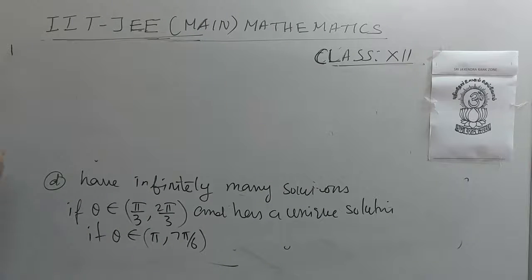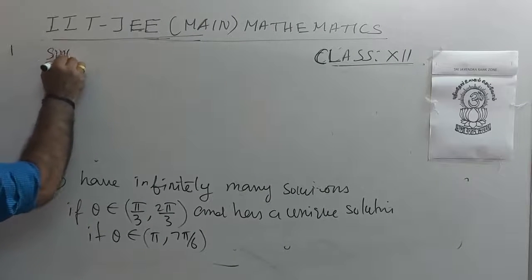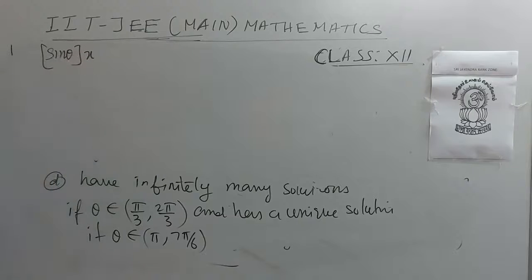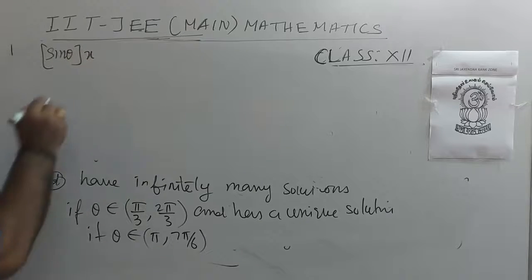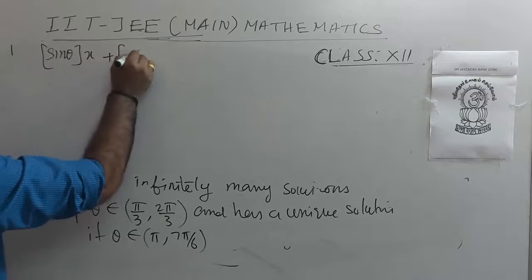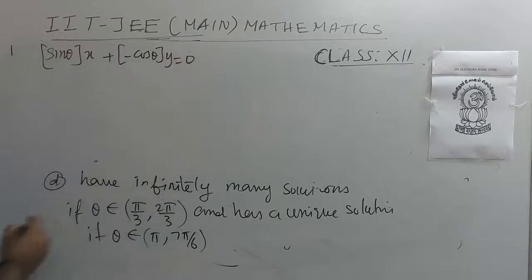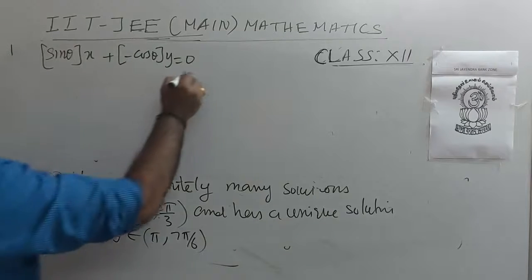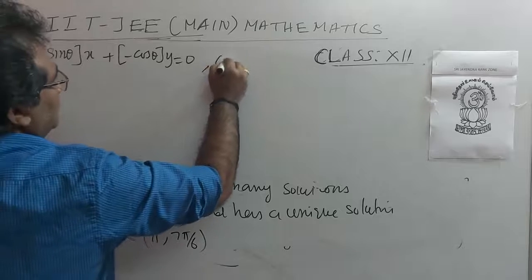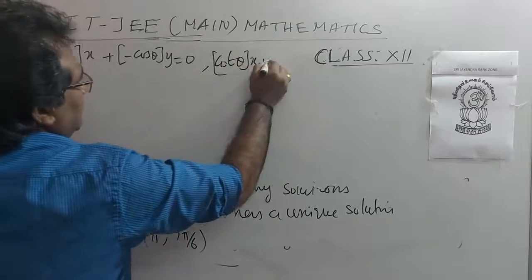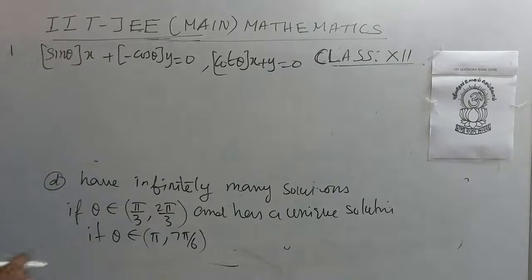So the given equations are [sin theta] x minus [cos theta] y equal to 0, [cot theta] x plus y equal to 0.